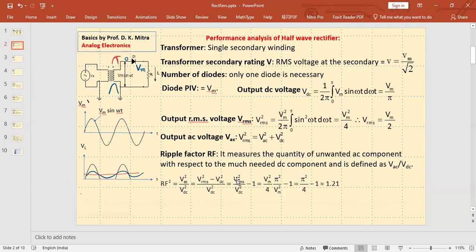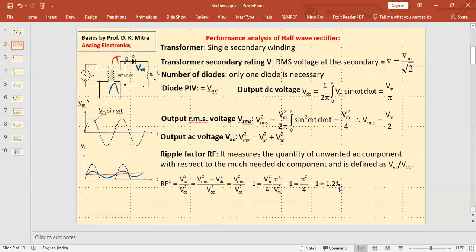So this is Vrms square by VDC square minus 1. Now put the values of Vrms and VDC. Vrms is Vm by 2, so it is Vm square by 4, and VDC is Vm by pi, so it becomes pi square by Vm square. So Vm square and Vm square get cancelled. You have got pi square by 4 minus 1. If you calculate, this is 1.21.